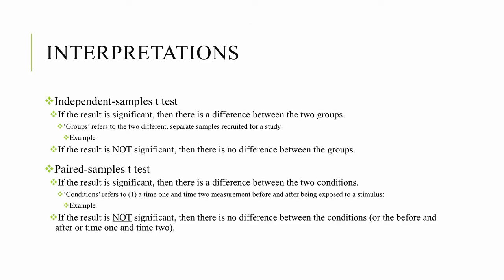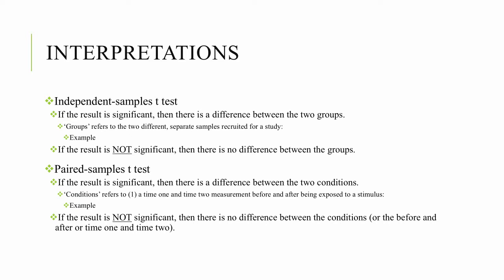So for interpretations, the independent samples t-test is basically going to tell us if there's a difference between the two groups or not. If the p-value is significant, less than 0.05, then yes, there is a difference between the two groups.